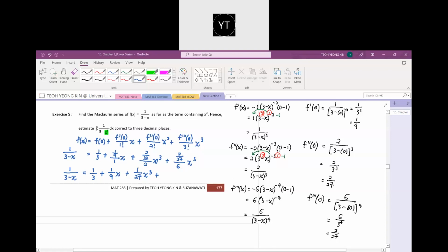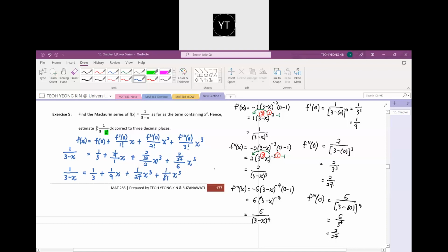Okay, -1. -3 times 2 is -6, -4. Yes, okay, right, I think it's correct. So this one, 2/27, divide by 6, so 1/81 x cubed.